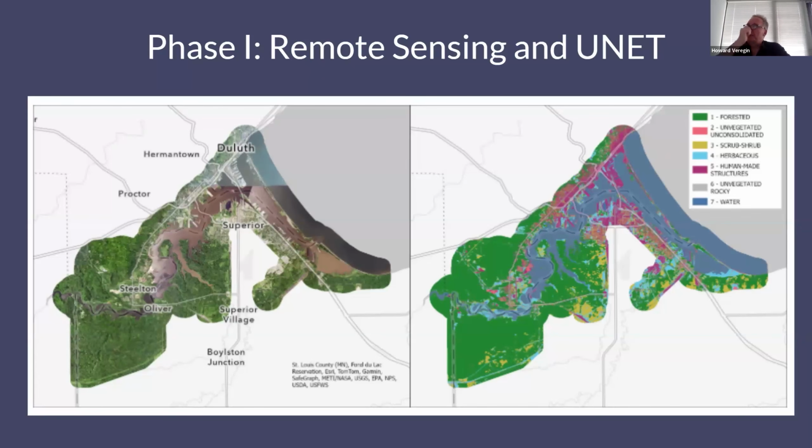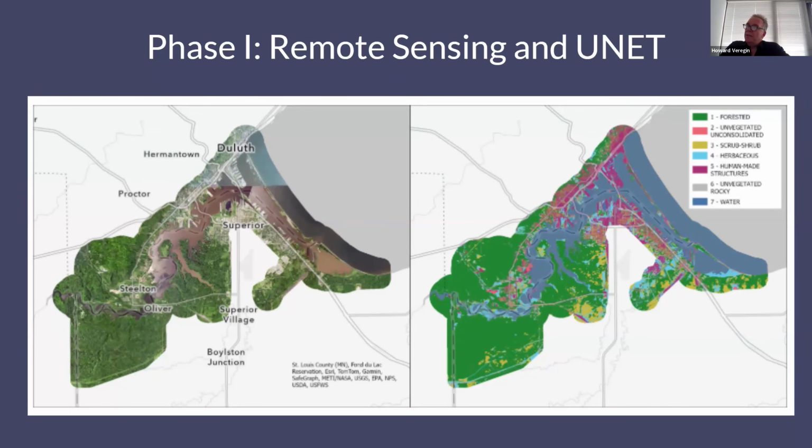All right, so this image shows you the initial UNet classification results on the right. On the left-hand side is a zoomed out view of the NAIP mosaic, and on the right are the structure types that we derived from UNet. And again, we've already mentioned this, but just to emphasize, initially we had hoped that the training data that we collected in the field, those 1,600 plus polygons, could be fed right into the algorithm and it would identify the NERRS classes that we wanted to find.